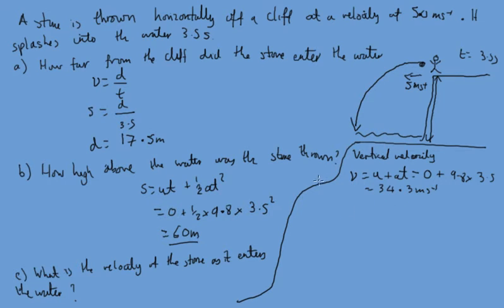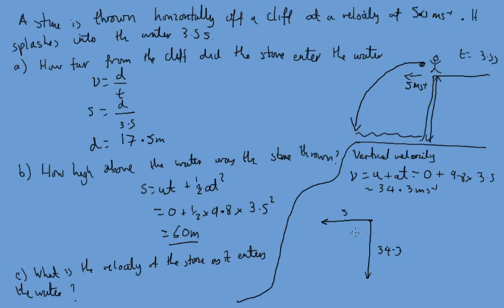Now, the horizontal velocity is 5 meters per second. So we're going to combine, I've done that the wrong side. So this is the horizontal velocity, 5. The vertical velocity is the 34.3.